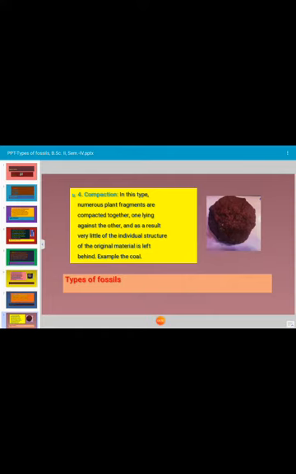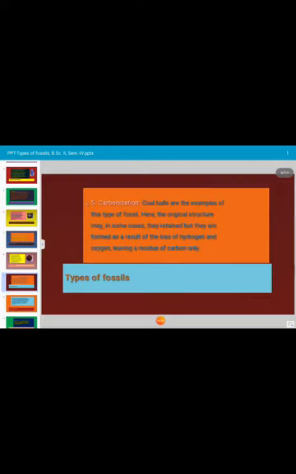Next, another type of fossil, that is carbonization. Coal balls are the example of this type of fossil. Here the original structure may in some cases be retained, but they are formed as a result of loss of hydrogen and oxygen, leaving a residue of carbon only.